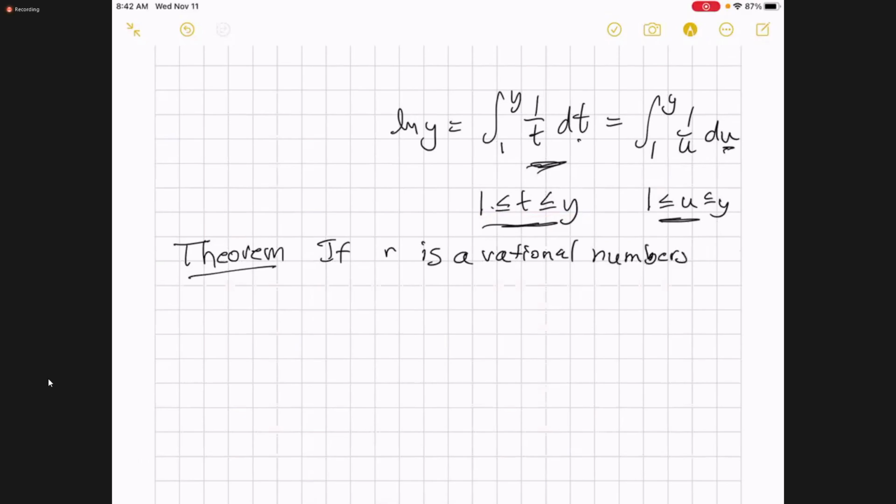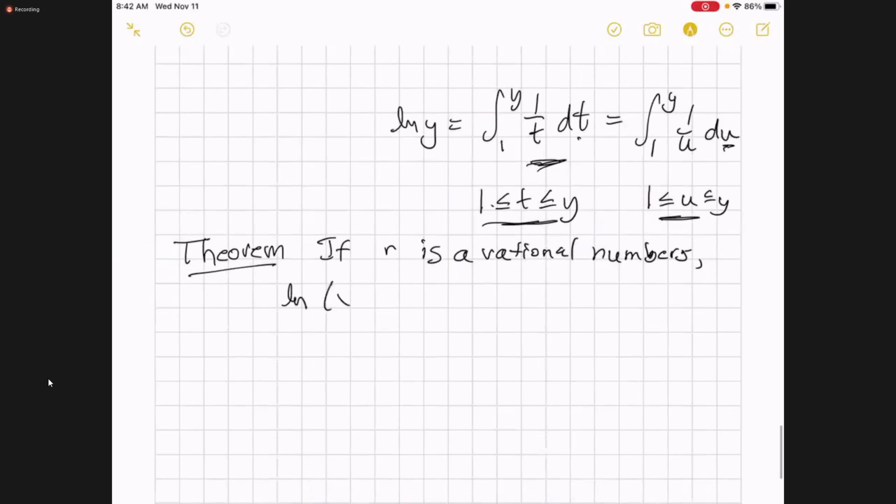But right now, you have not had an analysis course, so I can't show you a proof that would be above your level. For rational numbers, I don't need to go to that level. So ln of x to the r is r ln of x. And of course, x is still positive. The domain of the natural log function is positive numbers.